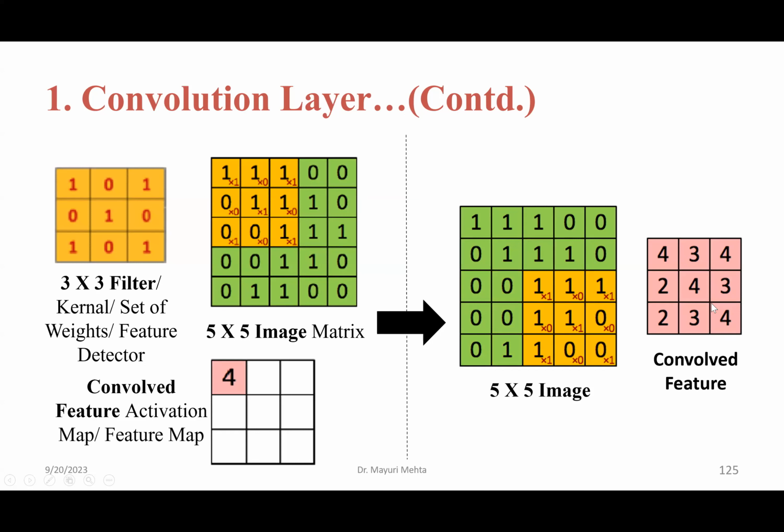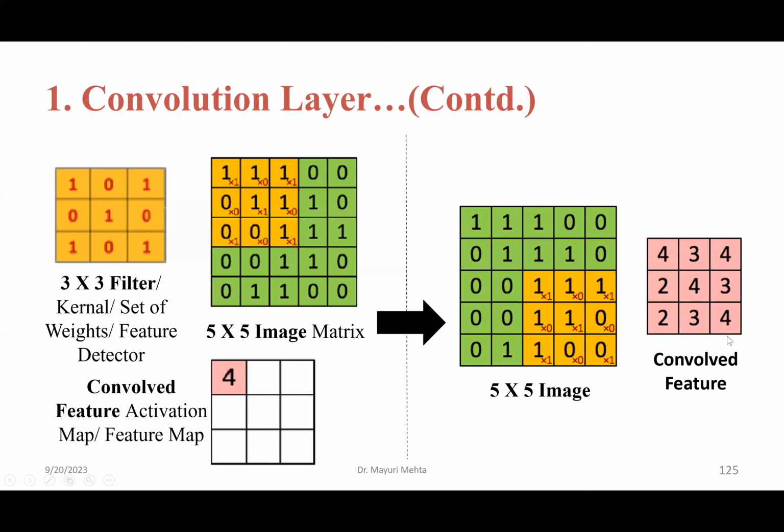The filter moves to the right with a certain stride value till it passes the complete width. Moving on, it hops down to the beginning of the image with the same stride value and repeats the process until the entire image is traversed. When the entire image is traversed, this matrix is filled, and these are the values.